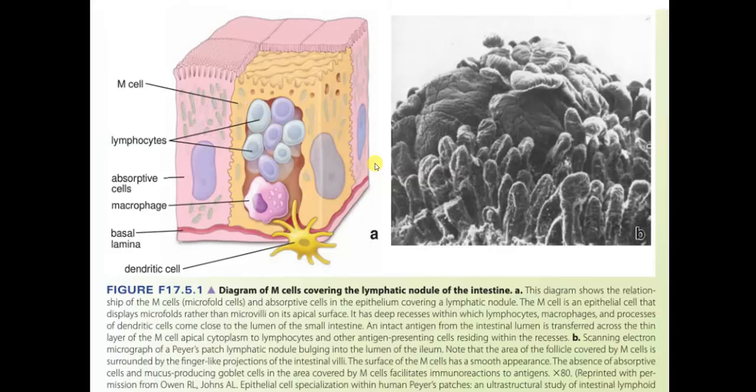And then finally, most interesting, the M cell. An M cell is an empty cell with lymphocytes and macrophages inside. You see one cell contains lymphocytes and macrophages, and a dendritic cell also enters here. So this cell plays a role like a thin cover for the immune system against the small intestine.